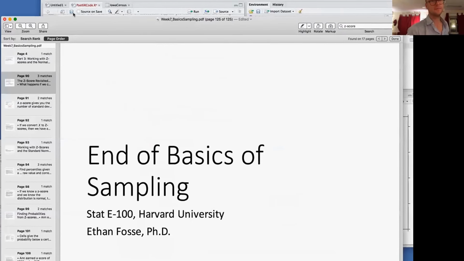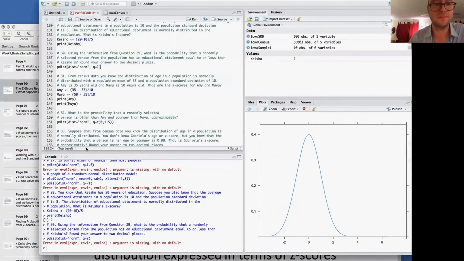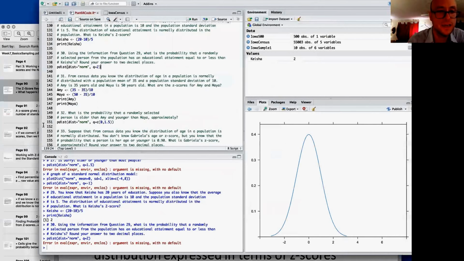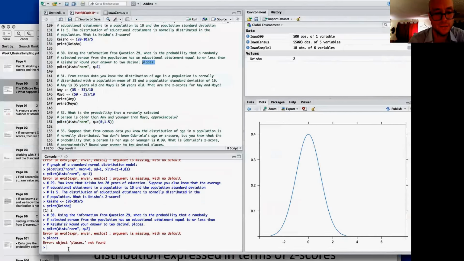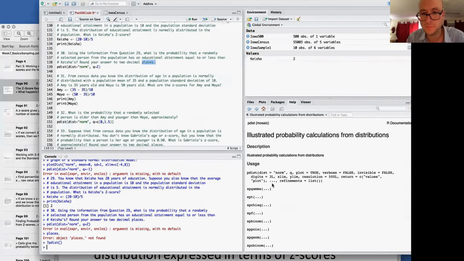If you have problems with a p-dist measure, then that is entirely our fault, because the p-dist function should give you the probability distribution.